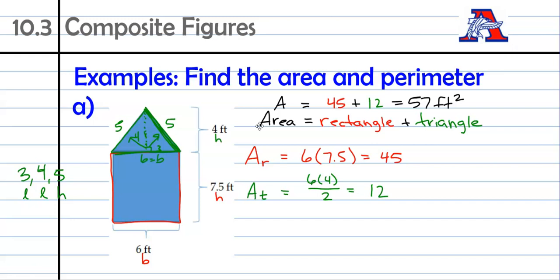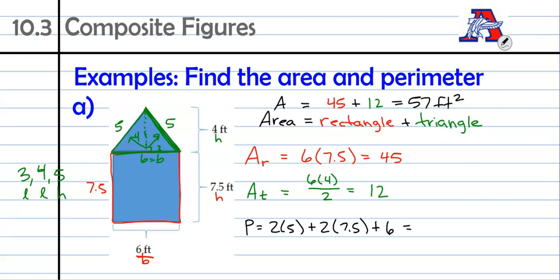So when finding perimeter, we have 2 5s, we have 2 7.5s, and then we have this 6 down at the bottom. For perimeter, the easiest way to do that is to just add up all of those sides. So 2 5s plus 2 7.5s plus that 6 on the bottom.